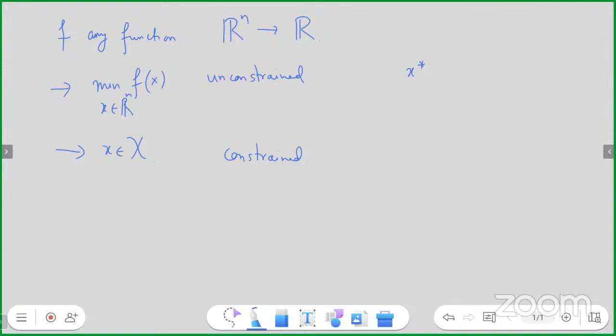It might be, depending on X. In the first case, it might not even exist sometimes. But in the second case, it always exists.